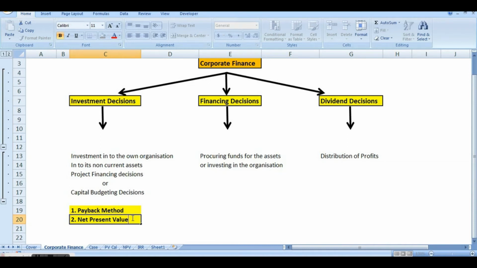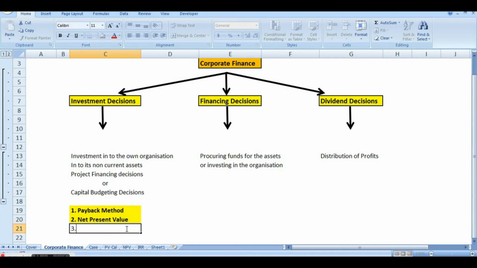Obviously, when you buy a machinery, you start using the machinery from the immediate next period or maybe after making it operational. Your investment into the machinery is in year 0 or period 0, which is an outflow, and the inflows from the machinery continue to come for the rest of the few years depending on the life of the machinery.